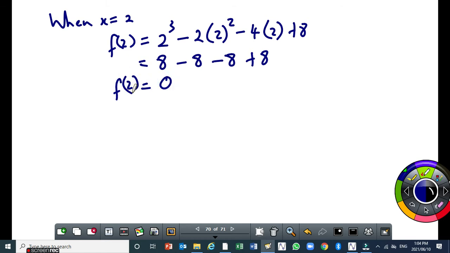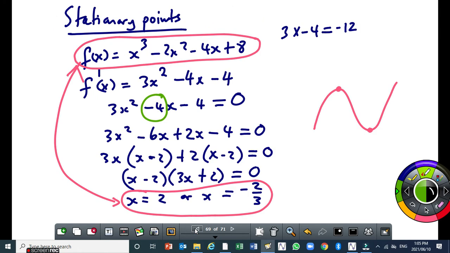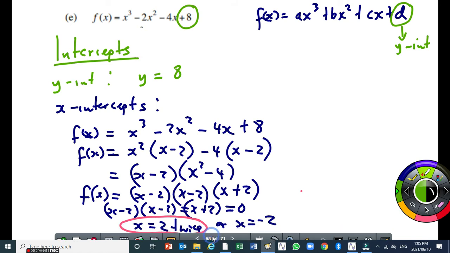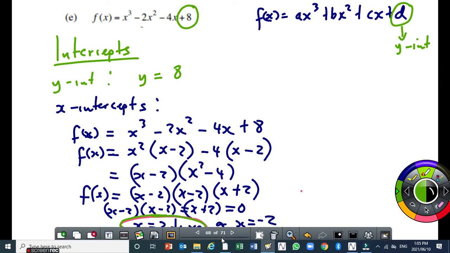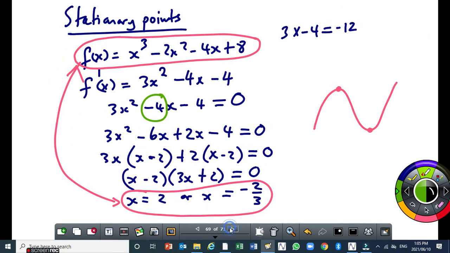The reason why you're getting that 0 is what I told, that one of the turning points is on the x-axis. And this is a hint. I'm sure you can see that this x value here is equivalent to this. An x-intercept is equivalent to an x value at the turning point.